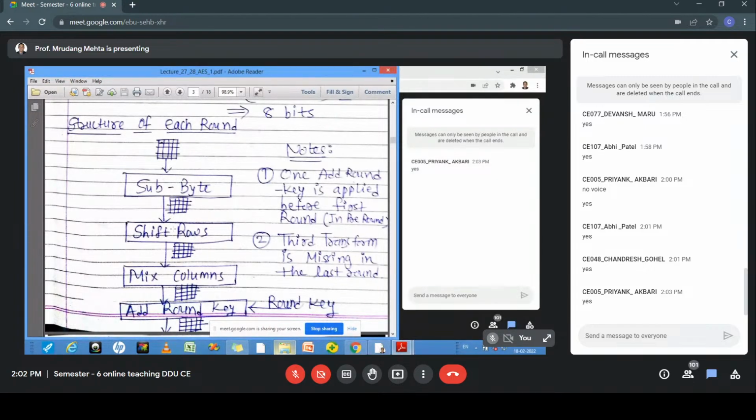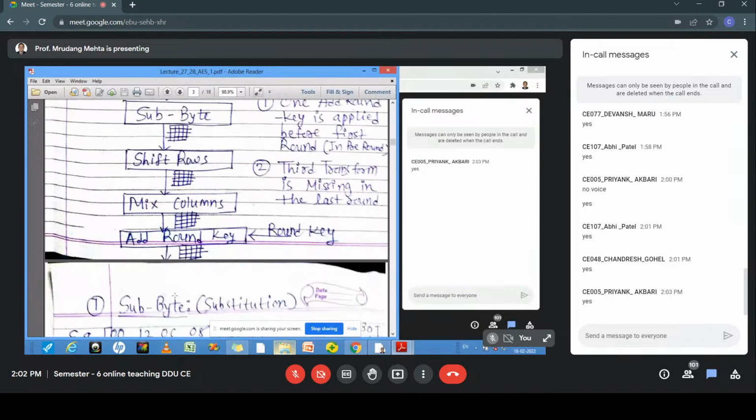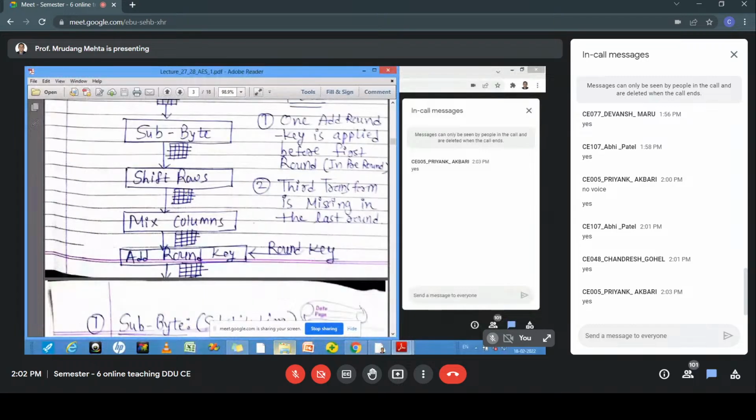Then it goes through shift rows, which performs a shift operation on rows. Then it performs mix column operation on columns, and then add round key. There is a round key which is added in this fourth stage, and it generates a block. That is the structure of the round.